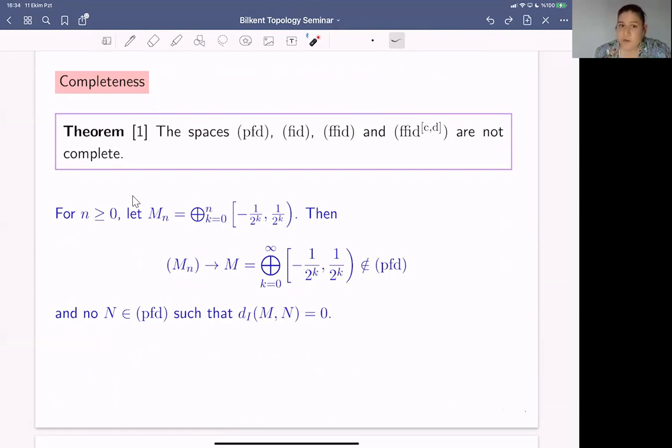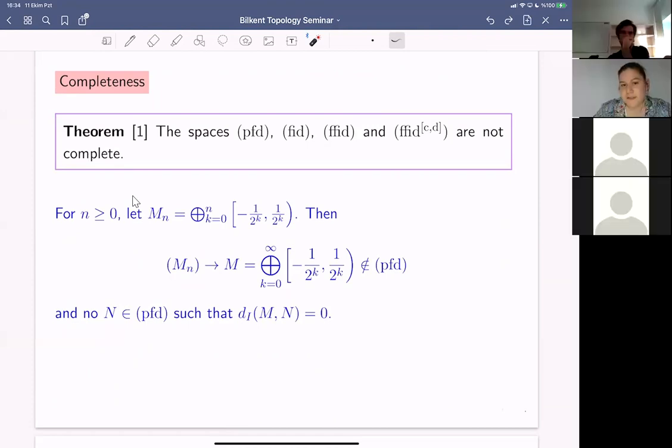And you should also show that there is no element in PFD such that the interleaving distance between M and N is 0. So we prove that. So this sequence is a Cauchy sequence, but it converges to a point which is not in the pointwise finite dimensional set.